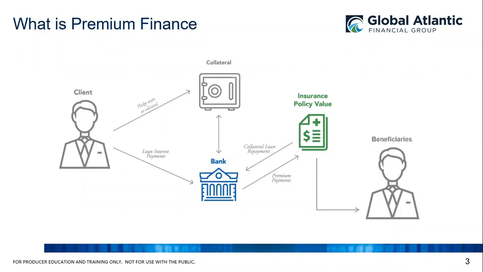The difference between the cash surrender value and the value of the loan has to be made up with outside collateral. And typically, banks will require things like CDs, money market accounts, mutual funds. Sometimes you can use bonds, stock portfolios. They might not give you 100% of the value of that because of the fluctuations in the market.